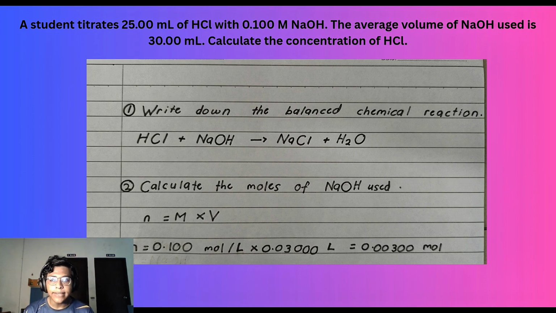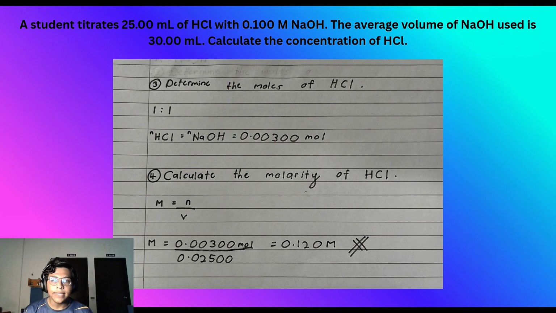The second step is to calculate the moles of NaOH used. n equals M times V. In this question, we replace it with 0.100 mole per liter times 0.03000 liter. Then we get 0.00300 mole. The third step is to determine the moles of HCl. As I said earlier, the ratio is 1 to 1, so HCl equals NaOH.